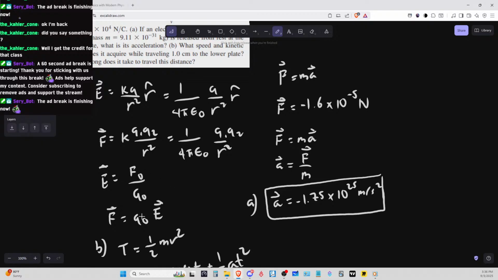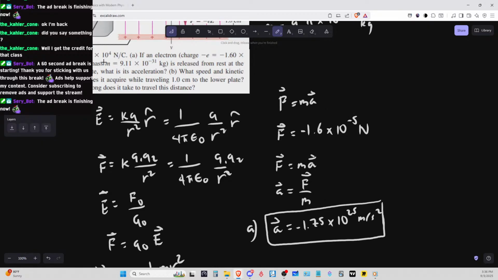So the force here, we got the charge. Let me see. Maybe I typed in the electric force wrong. So let's just do this over. So 10 to the 4th times the charge, which is negative 6 times negative 9.